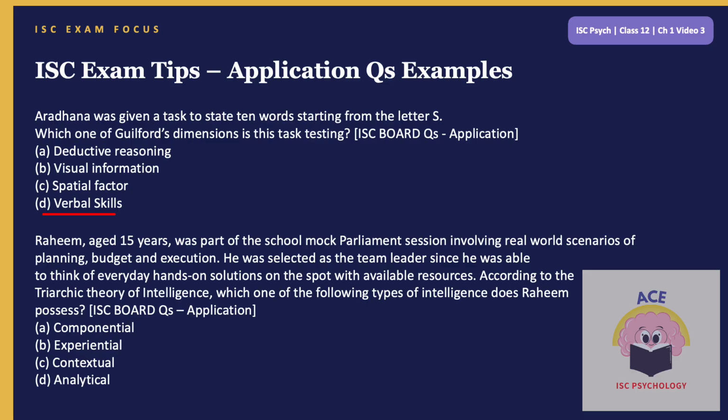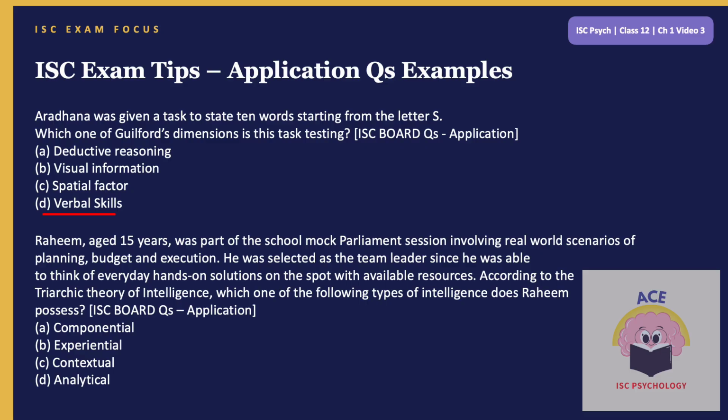Sternberg's triarchic theory says intelligence has 3 types: componential or analytical, which is basically problem-solving or exam-related solving; experiential or creative, which is dealing with new scenarios, and lastly, contextual or practical, which is adapting to the environment.